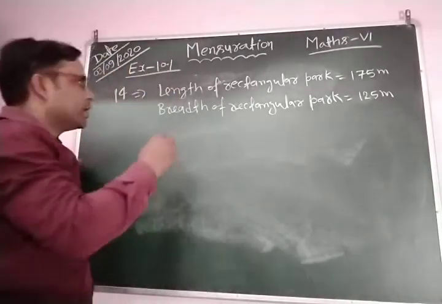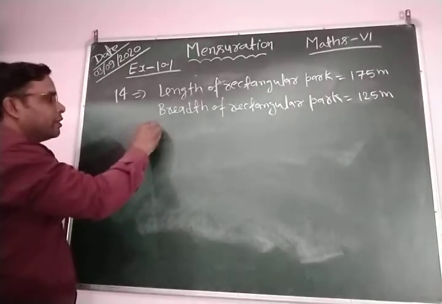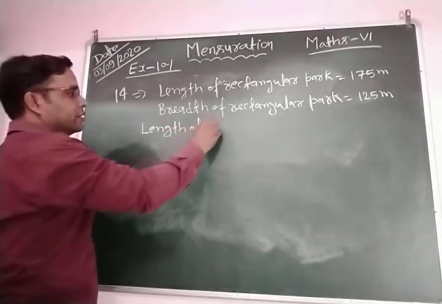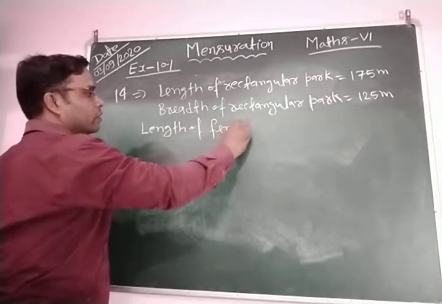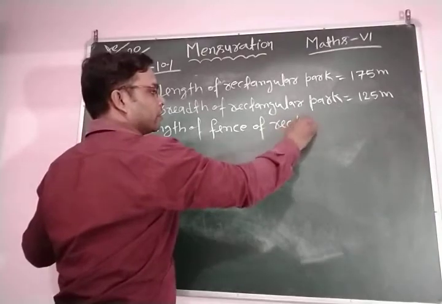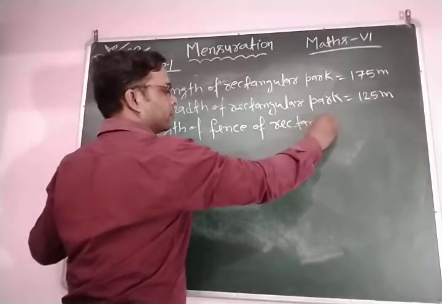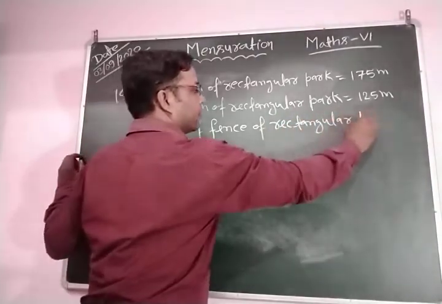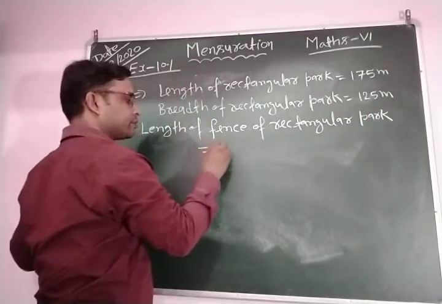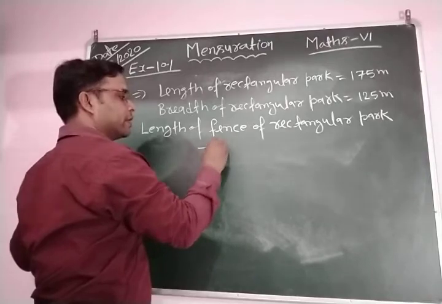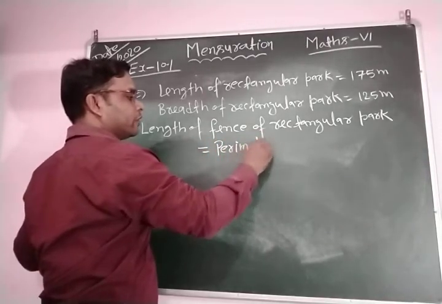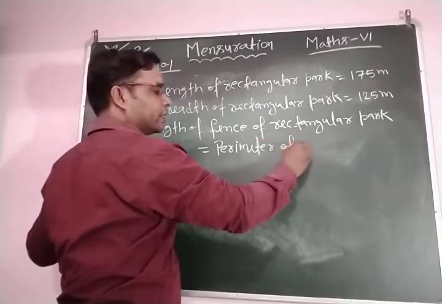Okay, so the length of fence of a rectangular park is equal to the perimeter of the rectangular park.